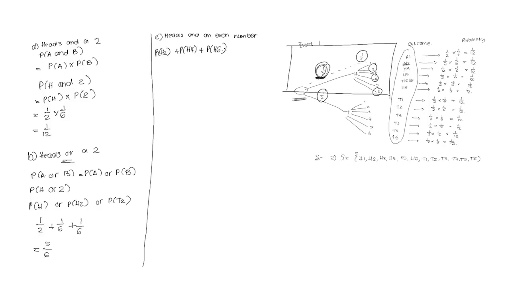If we go back to the tree diagram, we can see that the probability for each of these outcomes is 1/12. Therefore, we simply add the probabilities for each of the individual outcomes. We simplify the equation and we get a final answer of 1/4.